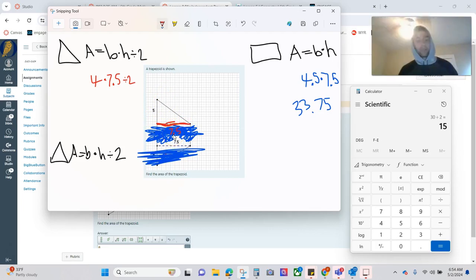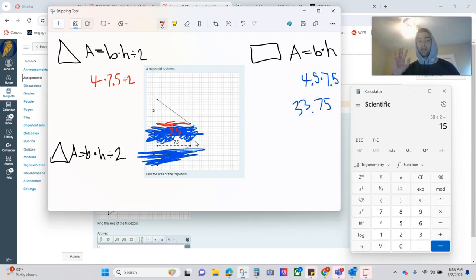But let me review again what the requirements are to be a base. To be a base, you have to be a vertical or horizontal side of the shape. Looks like right now, 7.5 is a horizontal side of the shape because we're just looking at the triangle.